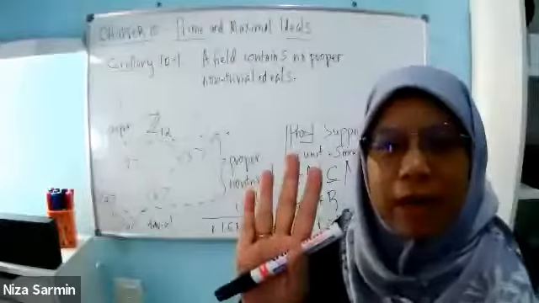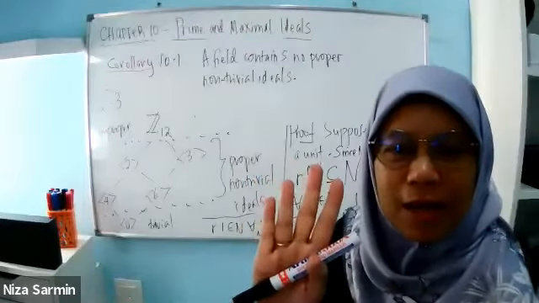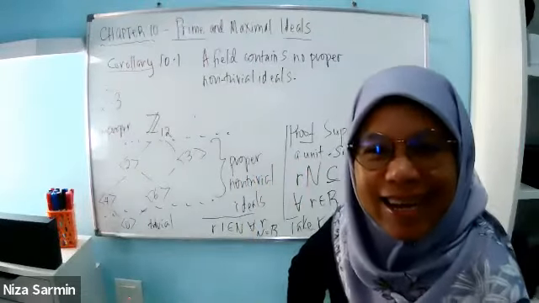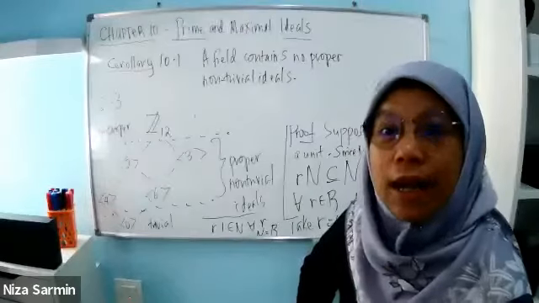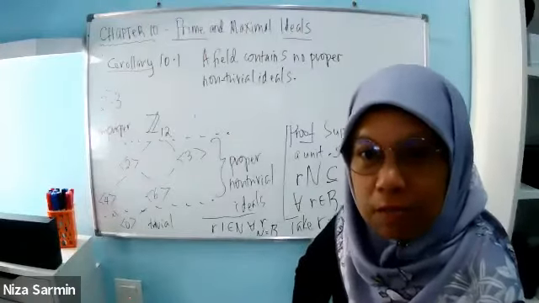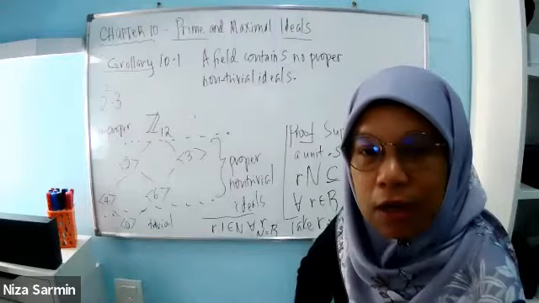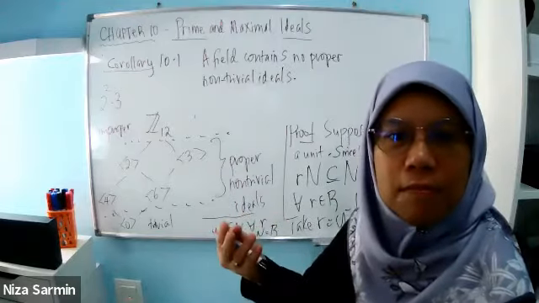As a result of a theorem. Wait, Mariam. Okay, I ask Ain first. Yeah. It's a result from a theorem. It's a direct consequence of a theorem. You call it corollary, right? And why do we call it theorem? As we have proved it.